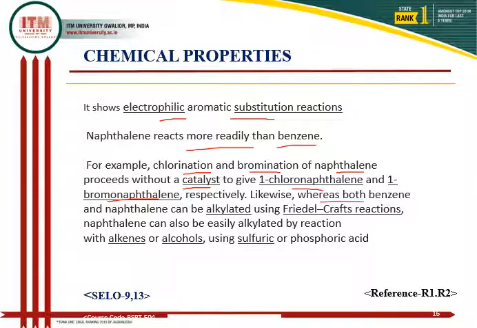Whereas both benzene and naphthalene can be alkylated using the Friedel-Crafts reaction, naphthalene can also be easily alkylated by reaction with olefins or alkenes or alcohols using sulfuric acid or phosphoric acid. So naphthalene can easily undergo alkylation with alkenes and alcohols also. So if we go for the comparison, naphthalene reacts more easily and readily than benzene.